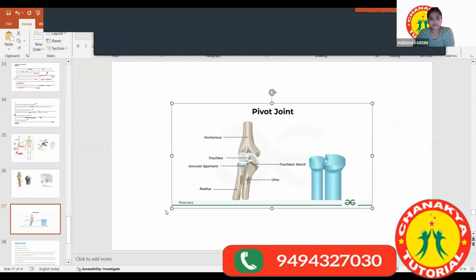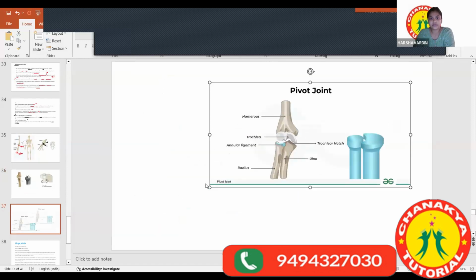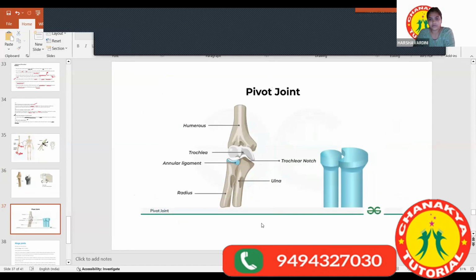Can you see? This is very clear. Whatever we saw, that only they have given us. Yes, got it. You should basically know where the pivot is present, where the hinge is present. That's it. For that only these things.